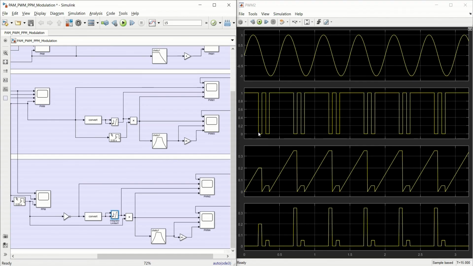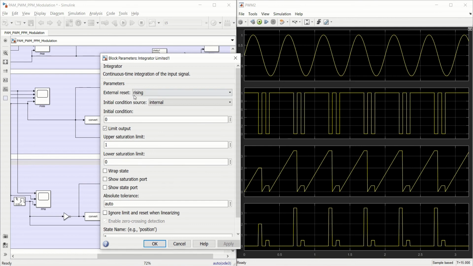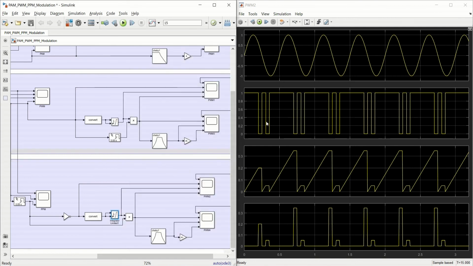At this point, this is not increasing the area because over here the value is 0, and then at the rising edge of this next pulse we have an external reset. So whenever we have a rising edge, we would have a reset, and this integrator would start again from 0 value, and then it would try to integrate this, which is done over here. It would be stable at this point, and again at the rising edge we would again have a value which is falling back to 0.